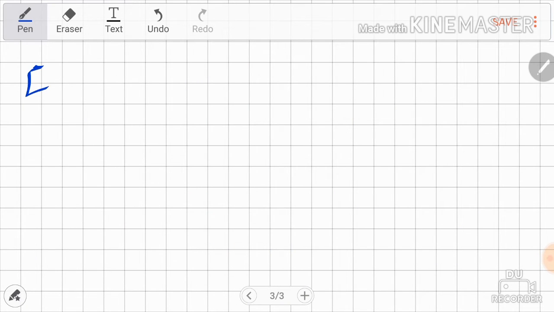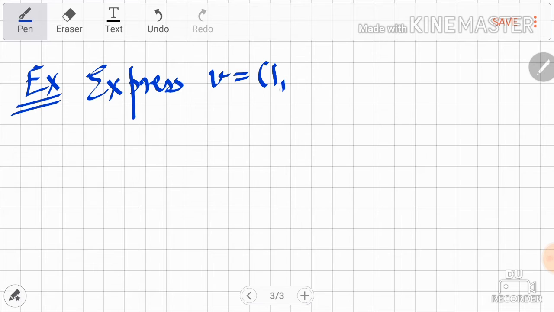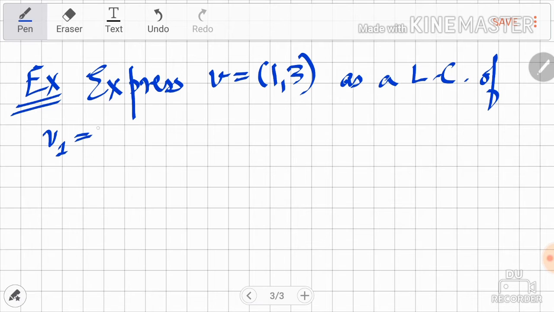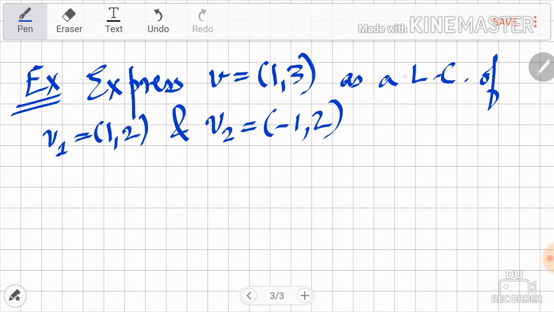Let's look at an exercise. Suppose we have something like: express a vector v equal to 1, 3, which belongs to the xy plane, as a linear combination of, say, v1 equal to 1, 2 and v2 equal to minus 1, 2.